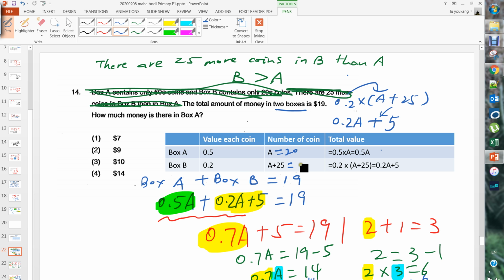A is 20. So A plus 25 is? What's the operation? You so fast forget already. You are A. I have $25 more than you.